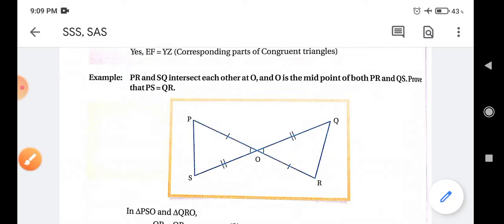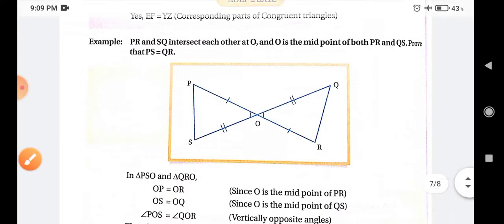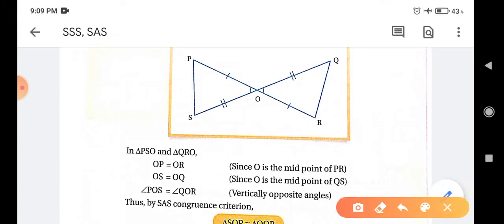Firstly, we have to prove these two triangles are congruent or not. To find their congruency, we take triangle PSO and triangle QRO. In these triangles, we are given that OP is equal to OR because O is the midpoint, and similarly OS is equal to OQ because O is the midpoint of QS.